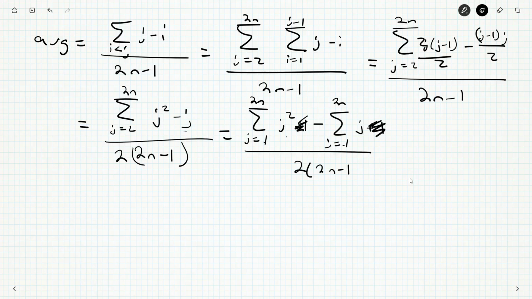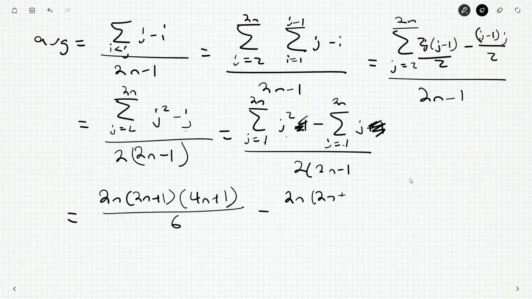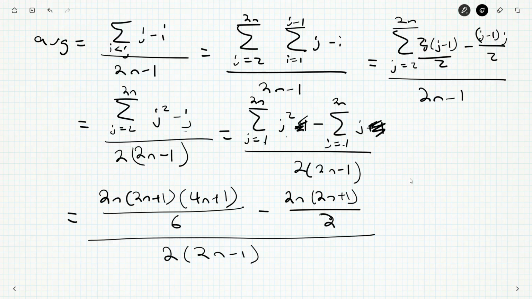So that should be fine. 1 minus 1, yeah, adding in the 1s didn't really do anything. And now I can use my formula again. 2n times (2n plus 1) times (4n plus 1) all over 6, minus 2n times (2n plus 1) all over 2. And all of that is over 2 times (2n minus 1).